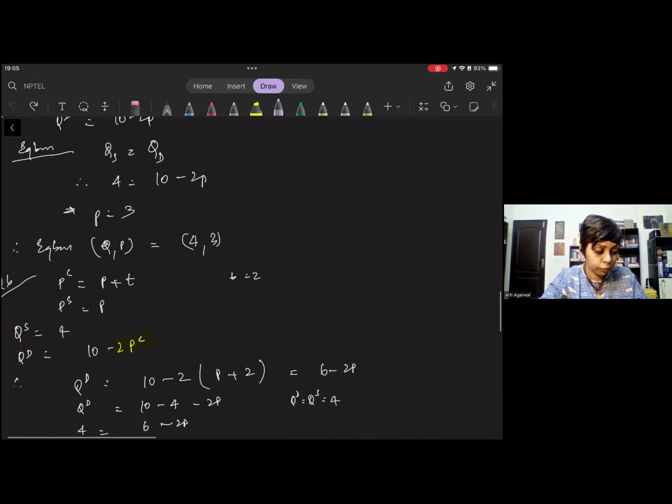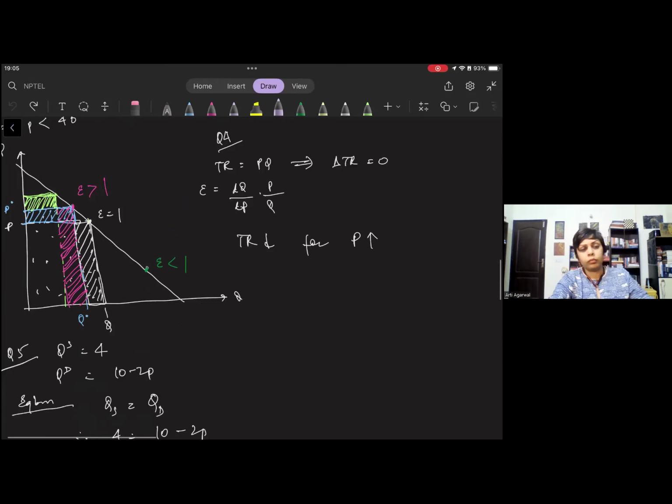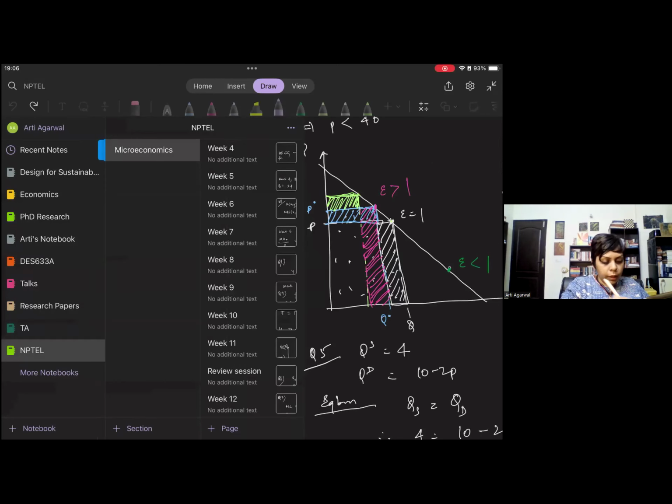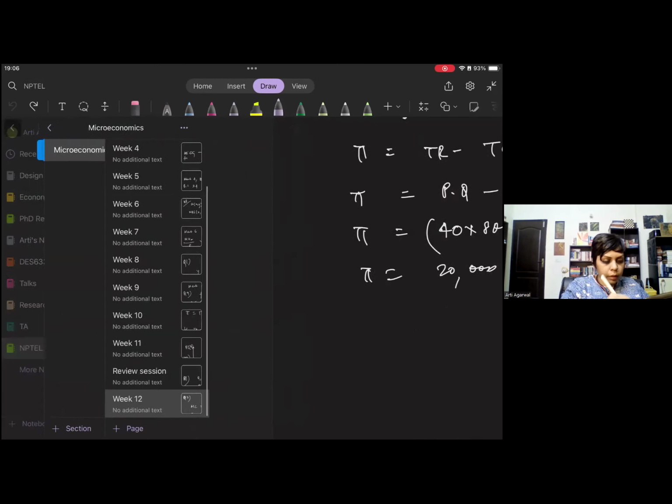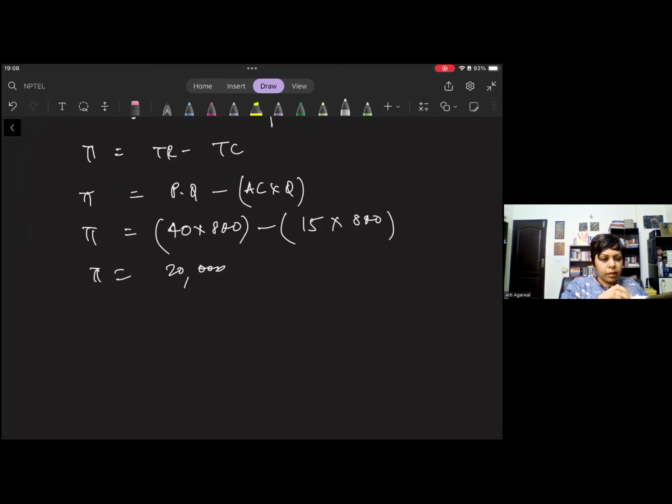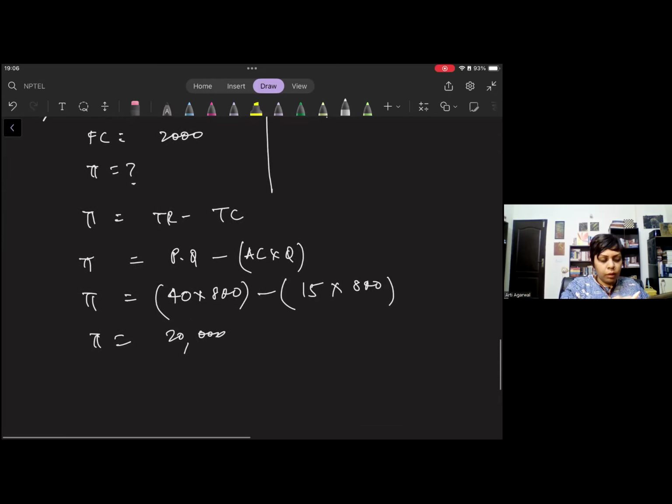Now, what happens if the price increases, ma'am? If the marginal revenue is positive, if the price increases, is that what you're asking? Yes, ma'am. Okay, I will have to think about it because I can't immediately say what will happen.